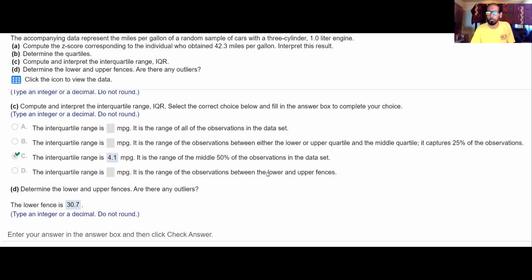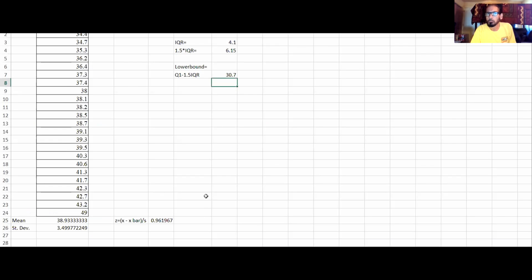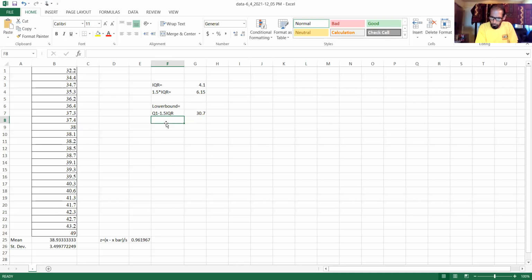Okay, it's good. And then the upper fence, well, take that same amount that was subtracted from quartile 1. Instead, you add that same amount to quartile 3. So for the upper fence, quartile 3 plus 1.5 times the interquartile range, and quartile 3 was 40.95.